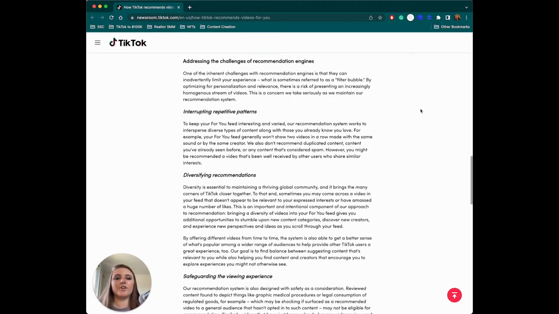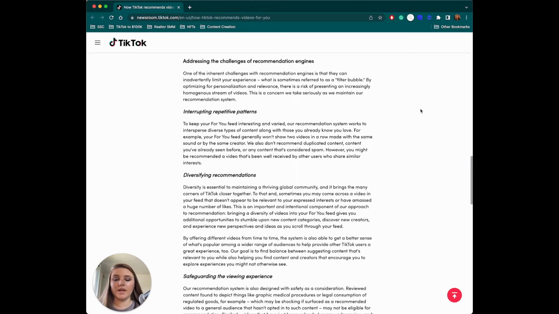Versus if they fix the problems with the recommendation engine, they're able to send out more content to the people who like dogs and cats, but about different things, just to test if they're interested in those things as well. So this is a concern that TikTok claims they're taking very seriously, to maintain the recommendation system and make sure it's as effective as possible.